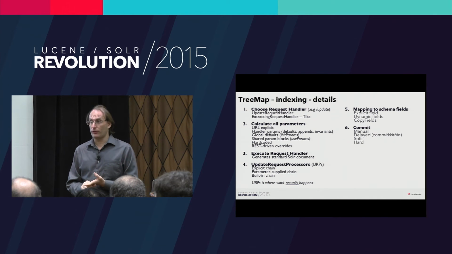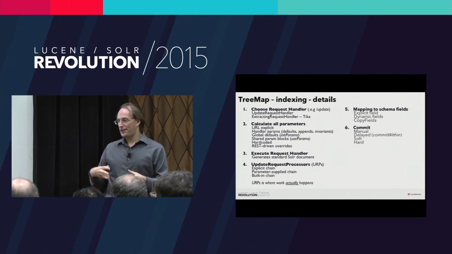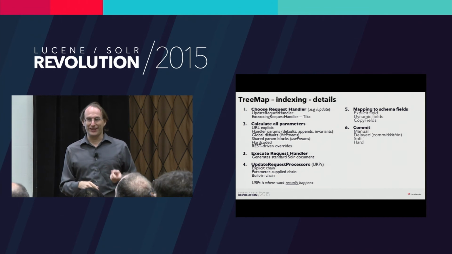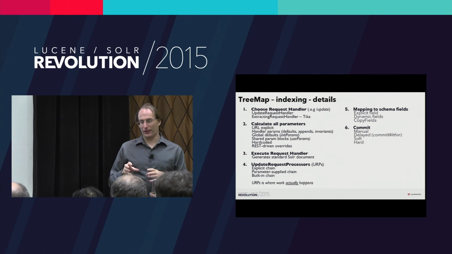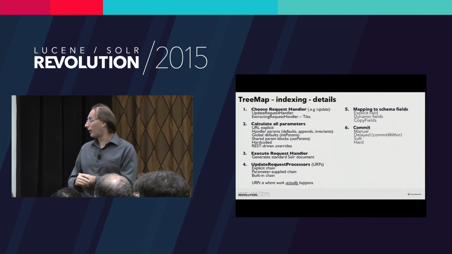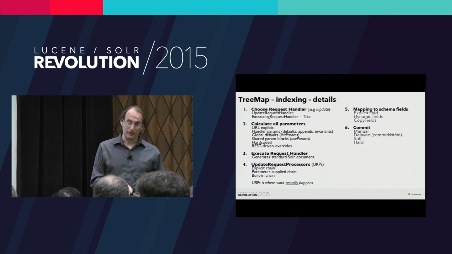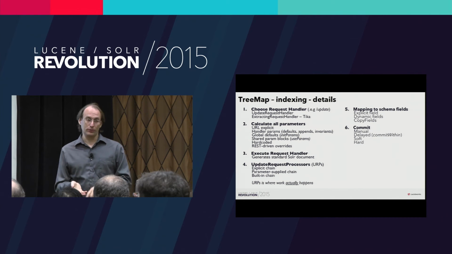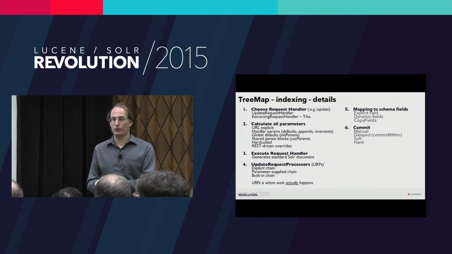Now, I don't know how many of you actually looked at the update request processor chains. They're kind of a semi-hidden part of Solr, but the reality is that's where the work actually happens. And the reason most of the people don't pay attention is because there is a default built-in chain which executes if you don't define one, right? And it will do insertion into schema, it will do distributed processing, it will do all of that stuff.